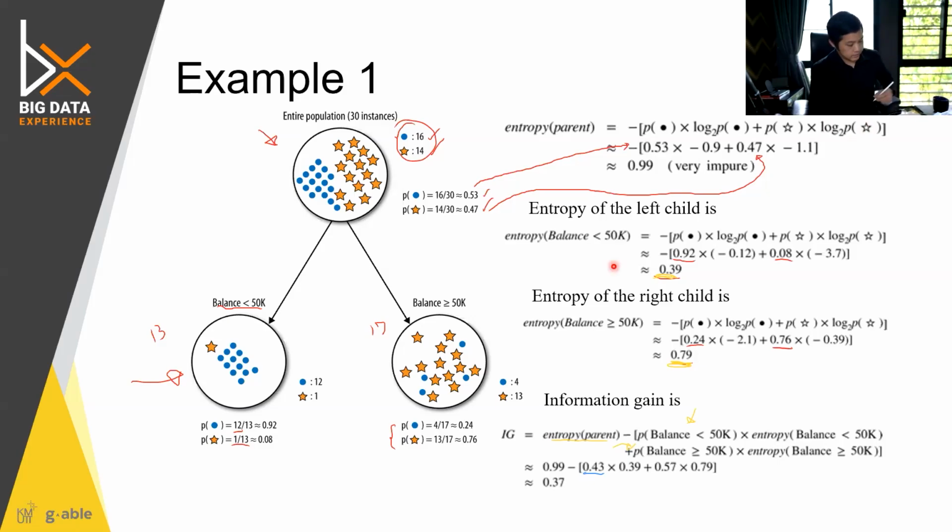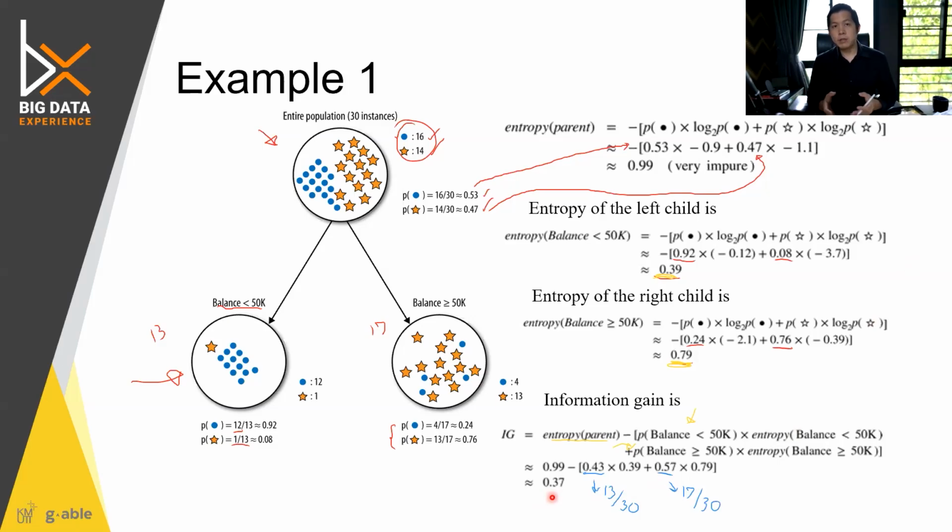Right, correct. This is 13/30. This one is 17/30. The probability or the proportion of that class after division. So combining them, we get the reduction, the information gain of 0.37.